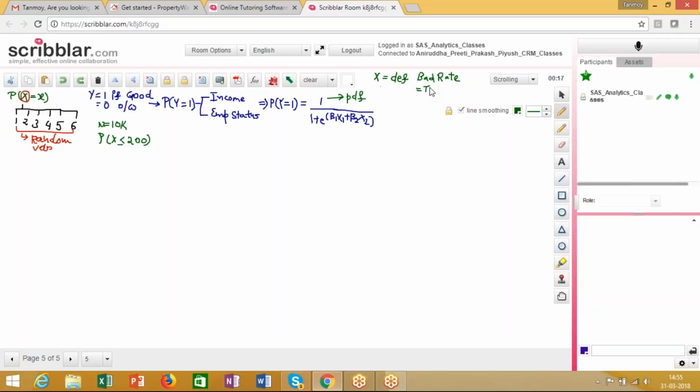This gives me the chance that a borrower at the portfolio level can be bad.